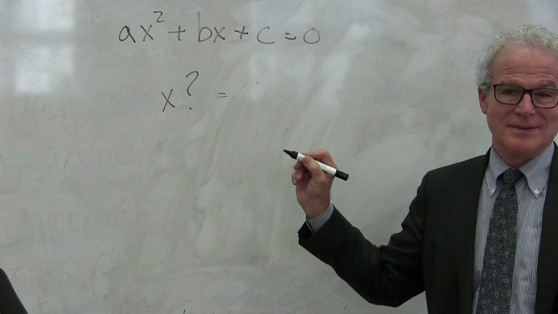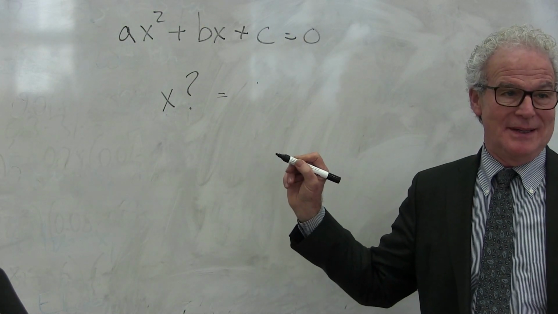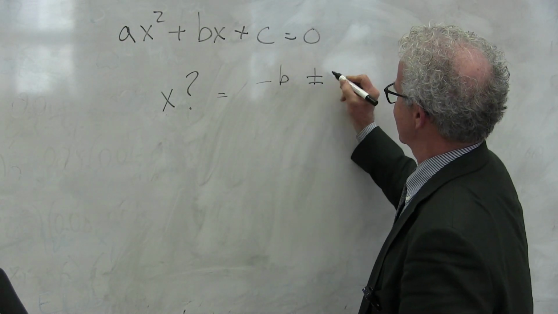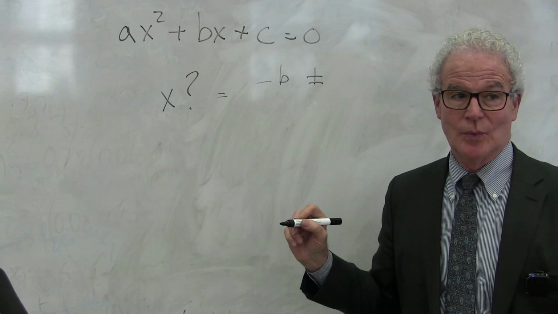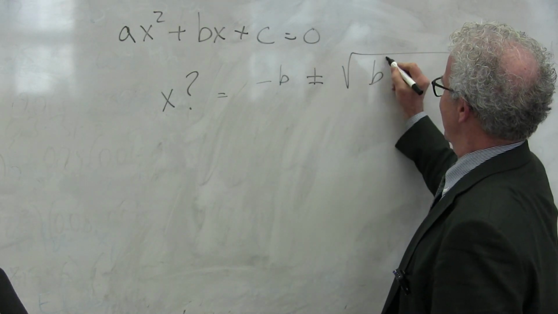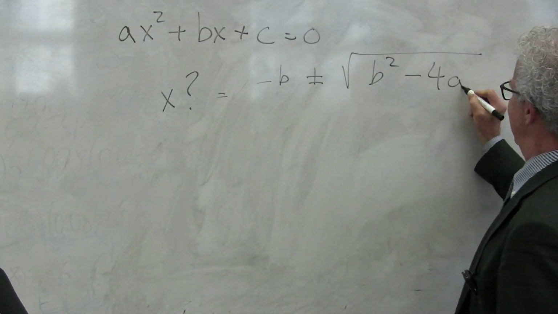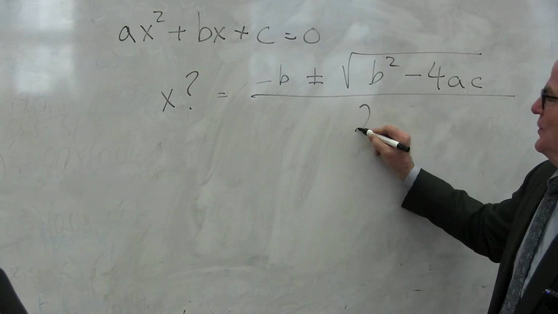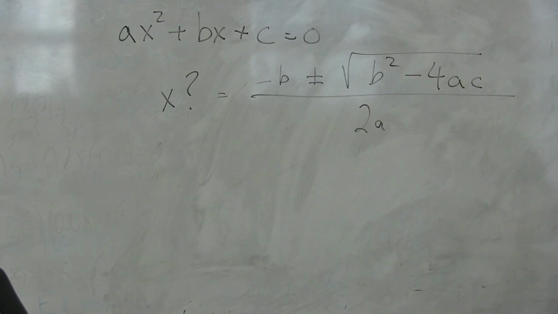It's got b at the beginning, but it's a minus b. Minus b, plus or minus the square root of b squared minus 4ac, divided by 2a. Very good. Okay, there it is.